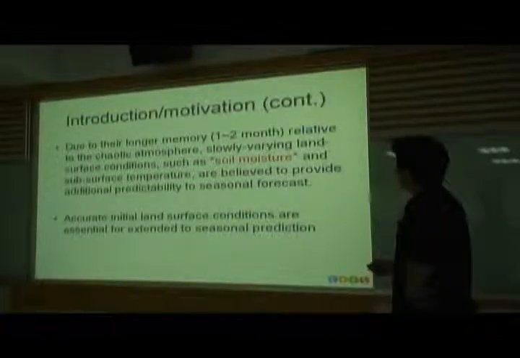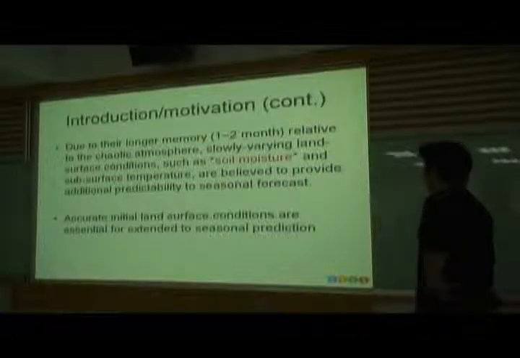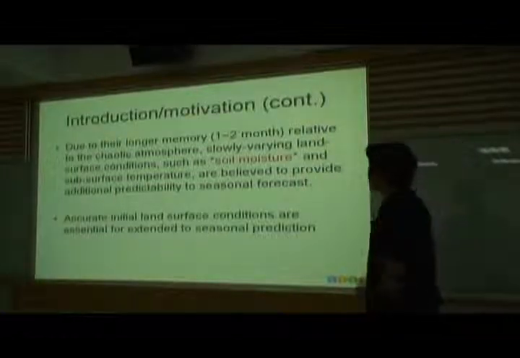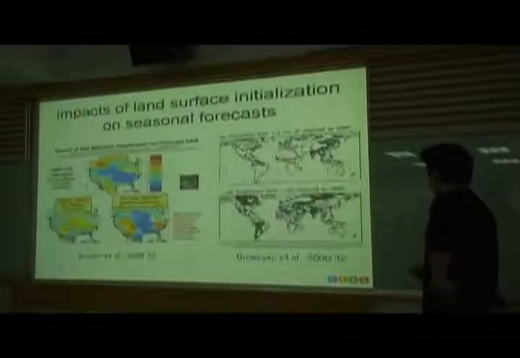Due to their longer memory than the atmosphere, I think 1 to 2 months, slowly varying land surface conditions, especially soil moisture and subsurface temperature, are believed to provide additional predictability to seasonal forecasts. So accurate initial land surface conditions are essential for extended to seasonal prediction.